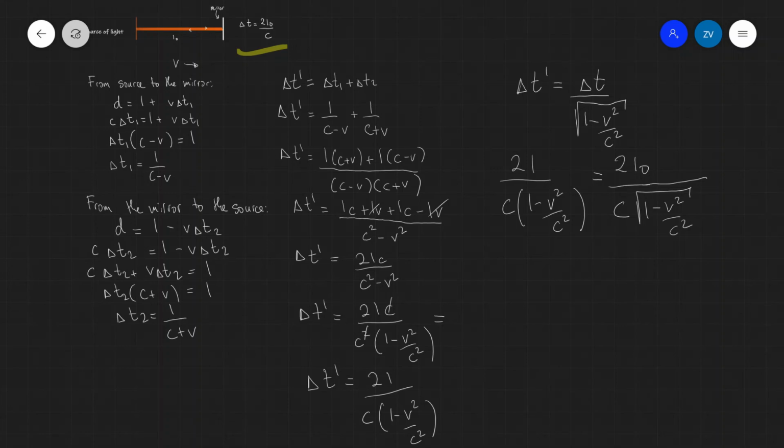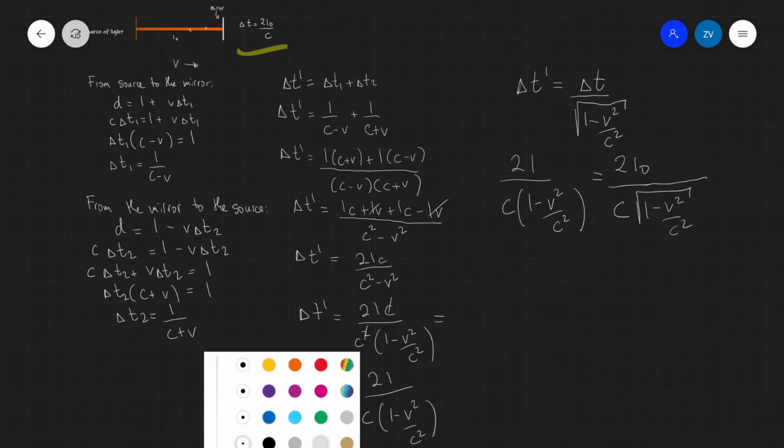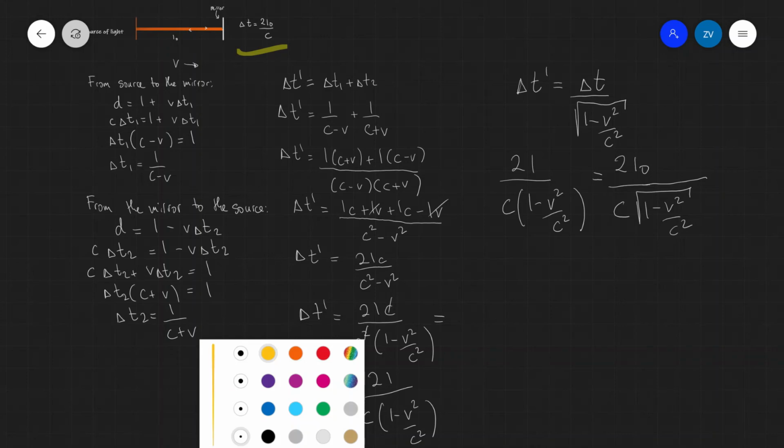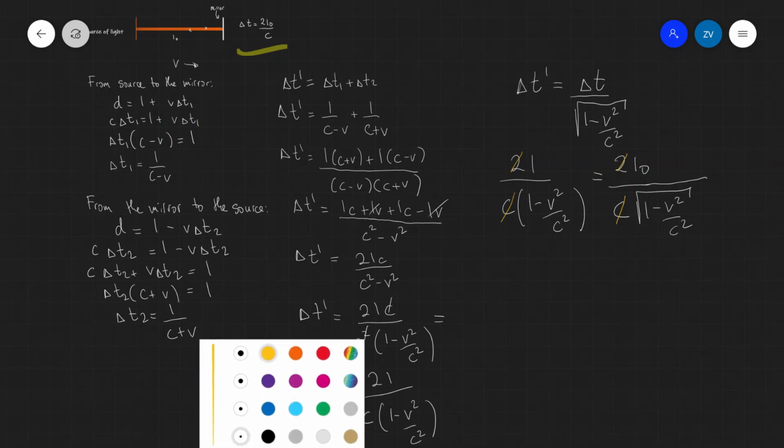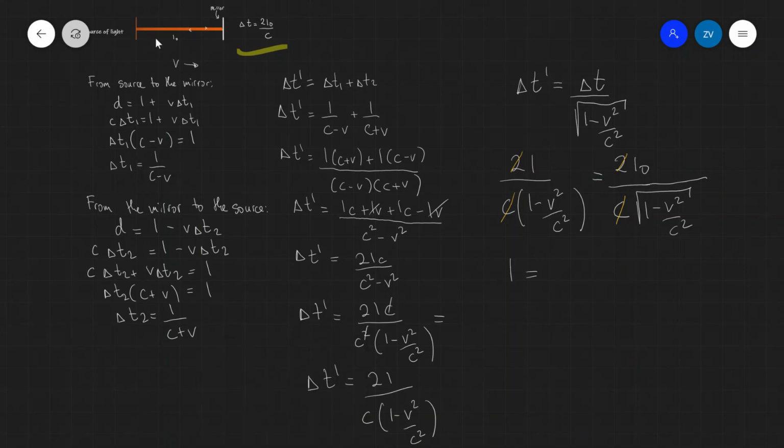Now we can do my favorite bit of physics, which is to cancel terms from equations. So the 2 can go and the factor of c can go, and what we are left with is that L will be equal to L naught times (1 - v squared over c squared) divided by the square root of 1 minus v squared over c squared.